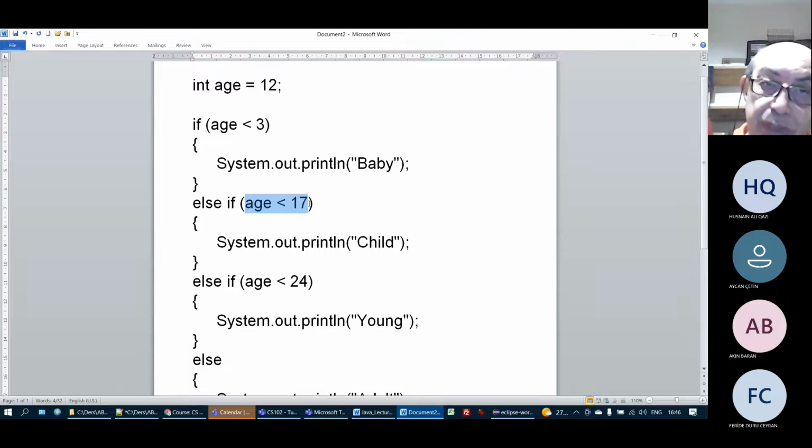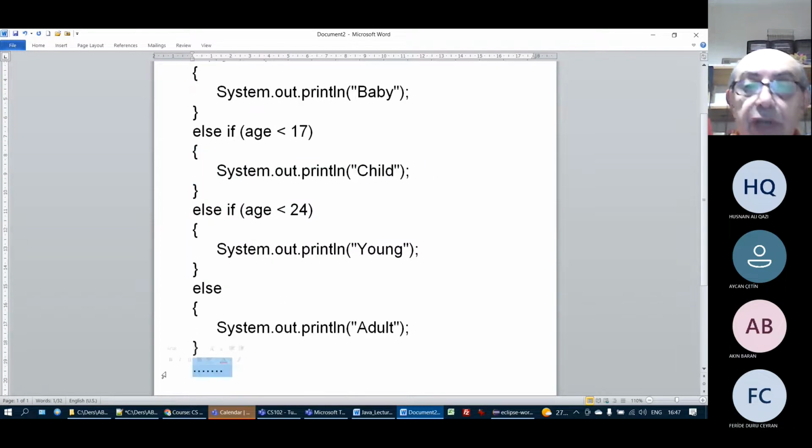If the second Boolean expression is true, it executes the block corresponding to it and then jumps down. If the second condition is also false, then the third condition is checked. If the third condition is true, the block related to that one is executed and continues with below. If this is also false, it continues with the else.